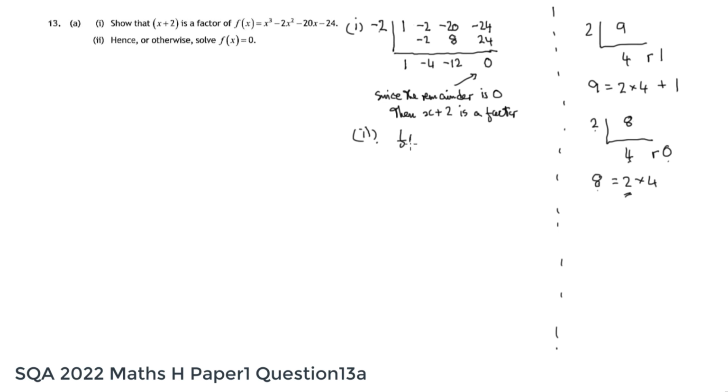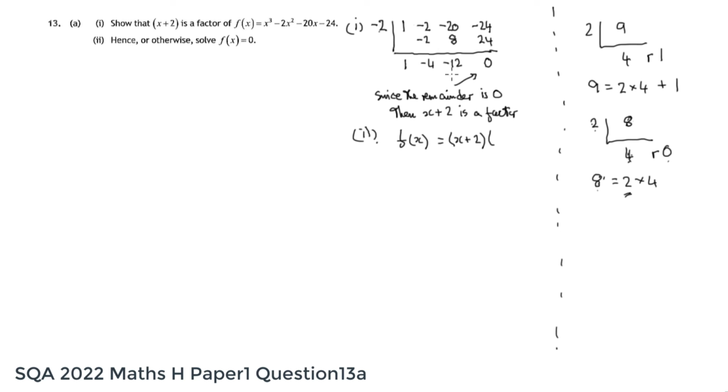This polynomial f of x, since we've divided it by x plus 2, becomes x plus 2 times the number of times it goes into this polynomial. Just like 2 into 8 goes 4, so 8 can be written as 2 times 4. This polynomial can be written as x plus 2 times this polynomial.